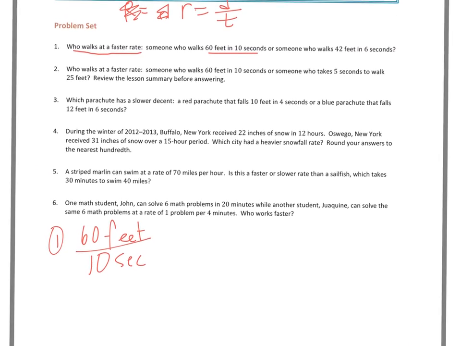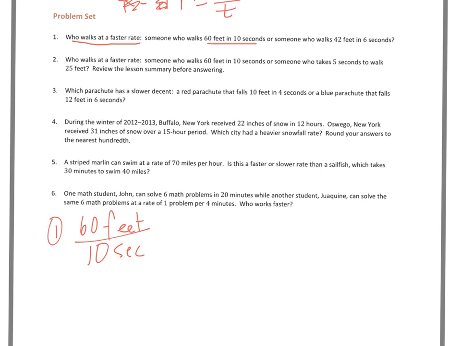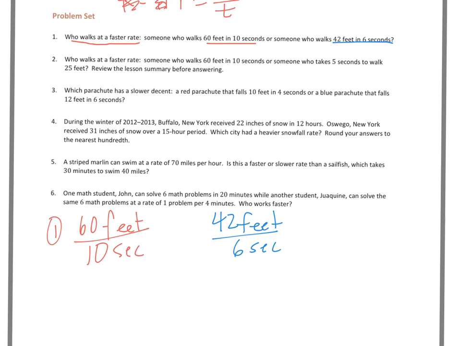So I have 60 feet in 10 seconds. My other one says 42 feet in 6 seconds. So what I need to do for these is I have to divide these out. So when I divide this one in red, 60 divided by 10 will get me 6, and then my units are feet per second.